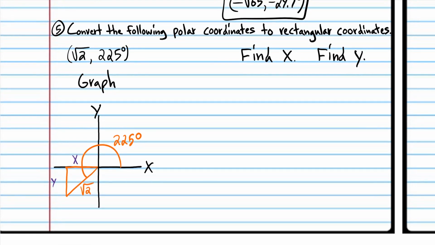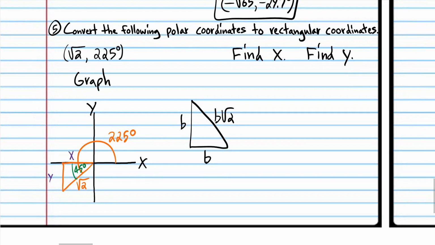Now the reference angle, the green angle, is going to be 45 degrees, and what that tells us is, we don't even need a calculator for this because this is a special angle. We have a 45, 45, 90 triangle, and I think we used B as our letter there, so this is the 45, 45, 90 relation in terms of the sides.